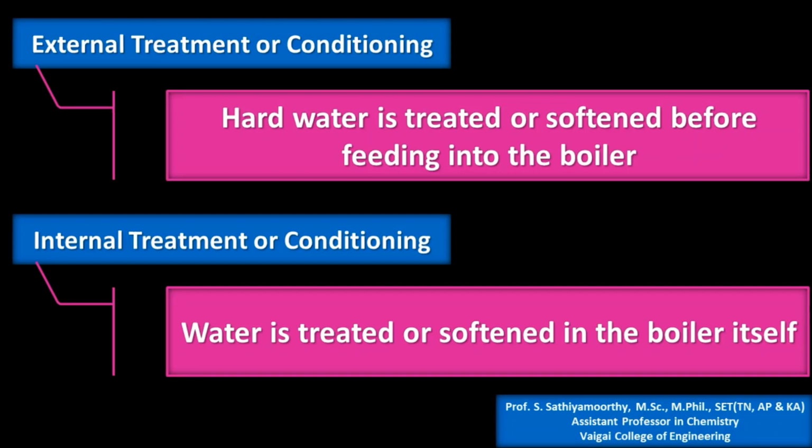So simply, in external treatment we purify the water outside the boiler, and in internal treatment we treat the water inside the boiler to remove the leftover hardness producing salts. So these are the two types of treatment or conditioning methods available to treat water.